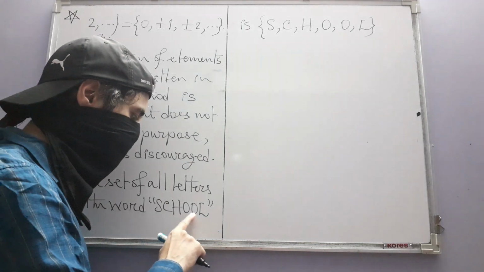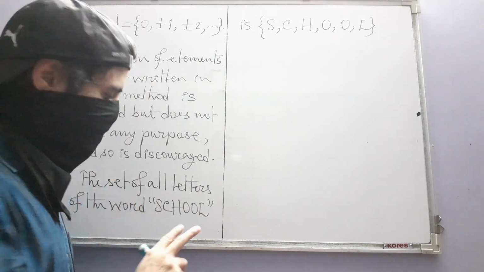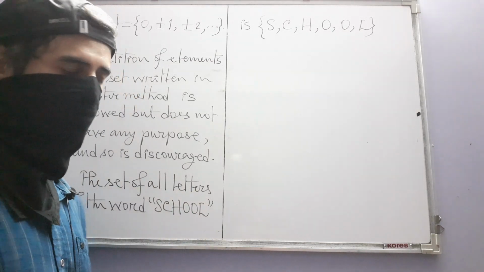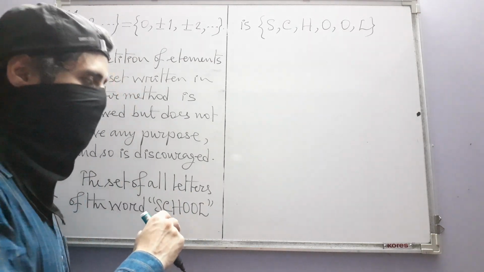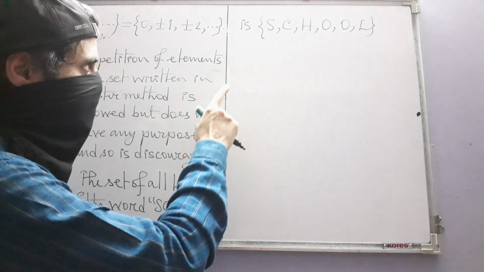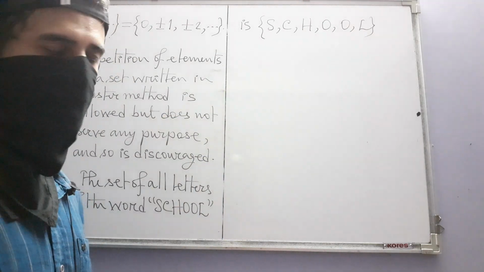The letter O is repeated. It appears 2 times in this word. However, when we are talking about the letters of the word school, that repetition does not matter.